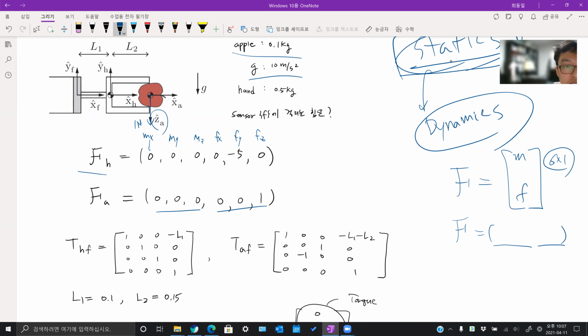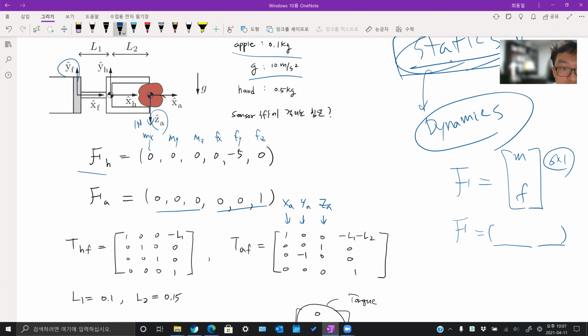And the ZA direction has the same direction as the Y direction. So this one is about X, this one is about Y, and this is about ZA.